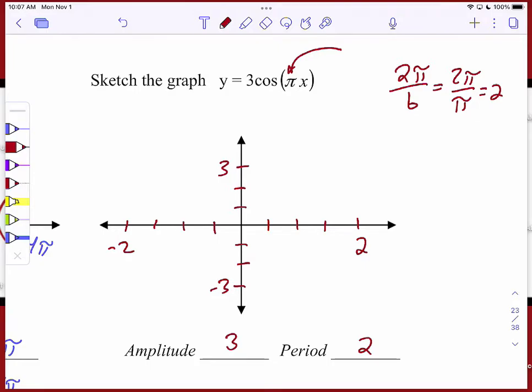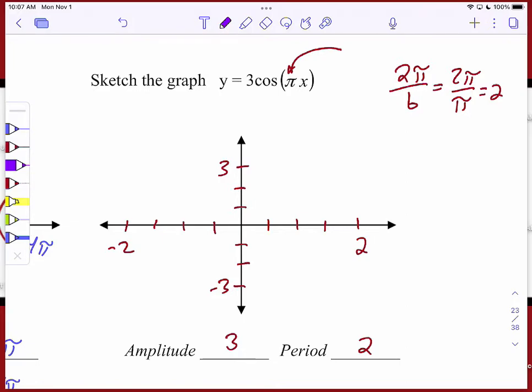Now, let me explain what we didn't do here so that you understand. What we didn't do is graph normal cosine and then shrink it down from a period of 2 pi to a period of 2. We just relabeled where we would have put 2 pi, we just labeled it 2, and that changes the period. So we don't graph it and then shrink it. We just change the label and it shrinks itself.